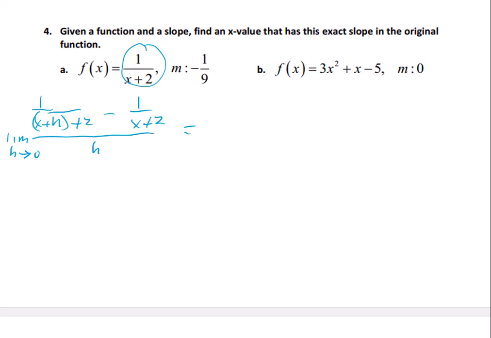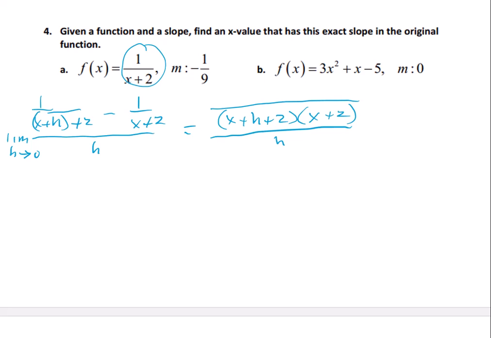All right, I've got to get a common denominator here, and so if I just multiplied those two things together, I'd have a common denominator. So that would be x plus h plus 2 times x plus 2. We'll get the numerator here in a minute, and all of that is over h.